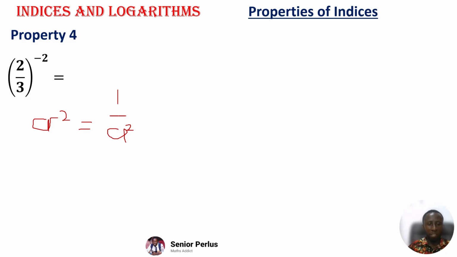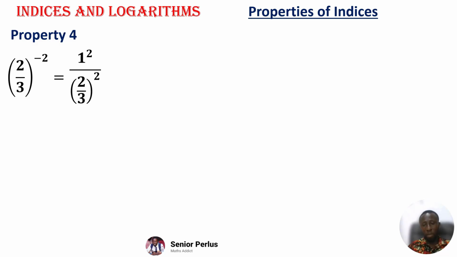Okay, so with the same idea, we can rewrite this as this. Good. Now 1 square is still 1. And 1 with the power of any number is still 1. So 1 square, then can we write this one as this.